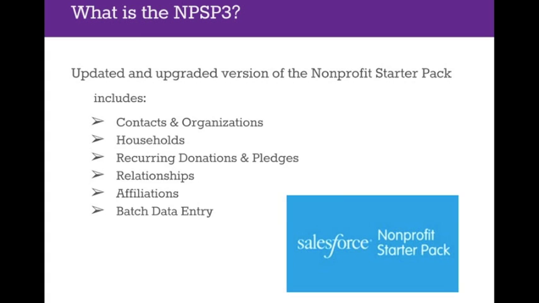So Caroline, why don't you talk about what the Nonprofit Starter Pack has today? The Nonprofit Starter Pack, as you probably know, because I'm sure most of you on the call already use it, is actually 6 packages in all: contacts and organizations, households, recurring donations, relationships, affiliations, and batch data entry.